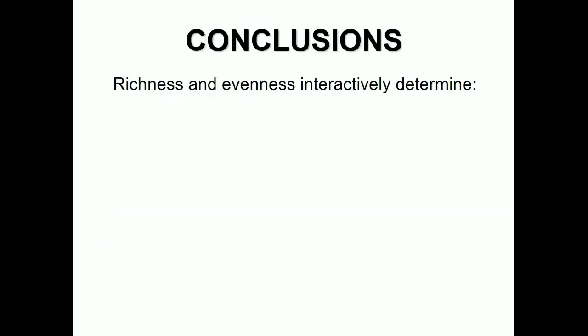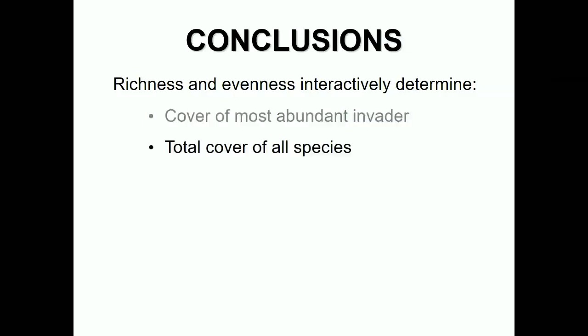So, in conclusion, richness and evenness interactively determine cover of the most abundant invader and trend for total invader abundance. And there was also an interaction, but a different pattern for the total cover of all species. And then we also looked at multivariate statistics, the composition of the community, and that was as well.